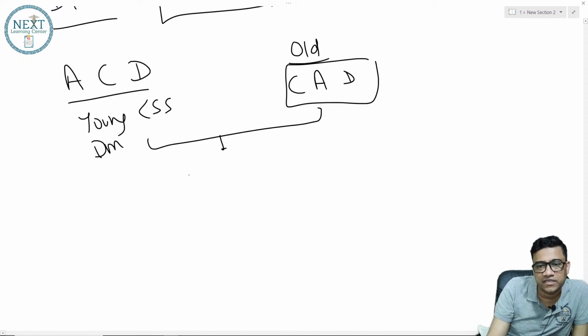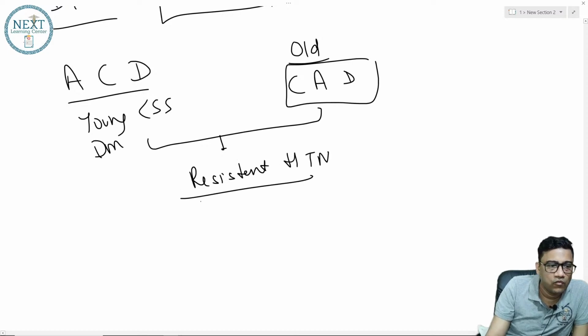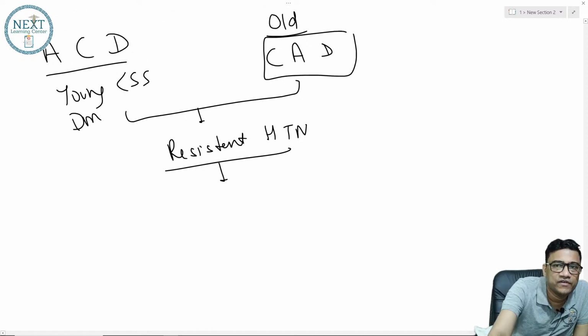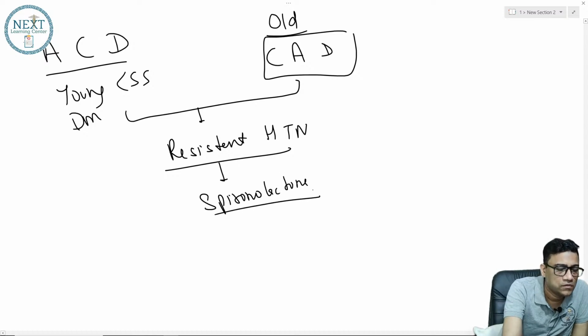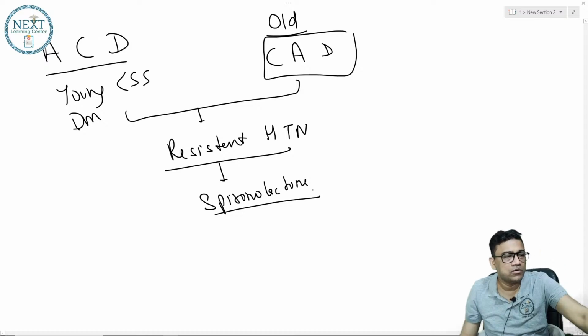Yes, this is resistant hypertension. What we need to do? Yes, the treatment is we will give spironolactone. Are you clear? So what is the treatment? Spironolactone is the answer. Clear?